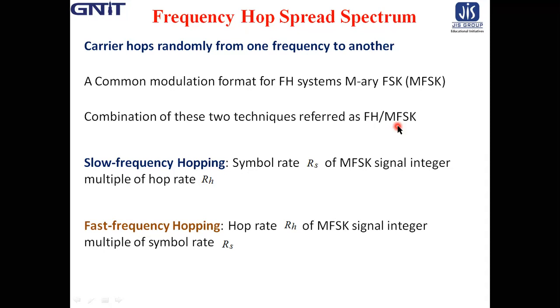Therefore, we may identify two basic characterizations of frequency hopping. One is slow frequency hopping and the other is fast frequency hopping. In slow frequency hopping, the symbol rate Rs of the MFSK signal is an integer multiple of the hop rate RH.